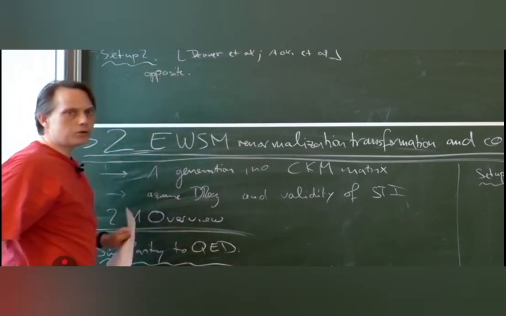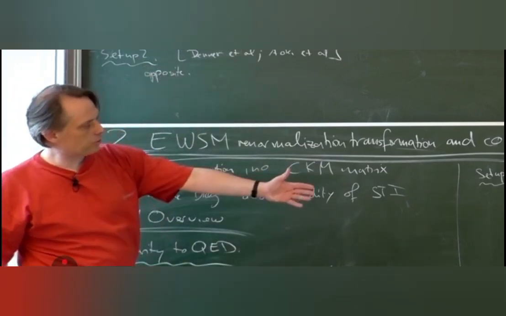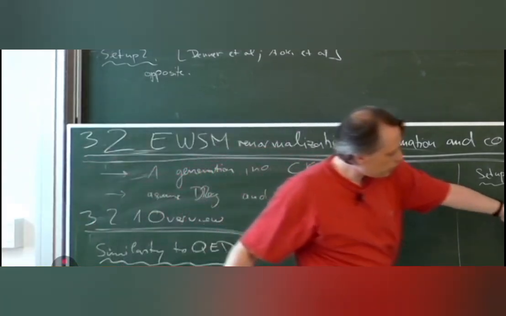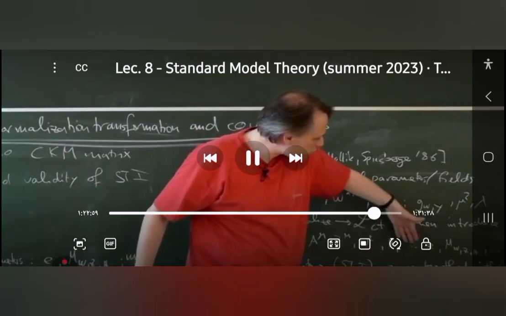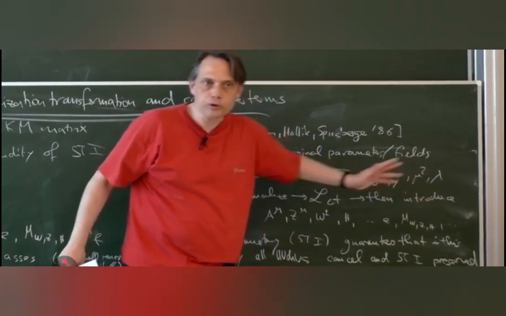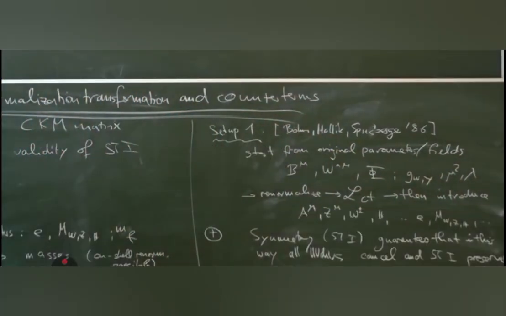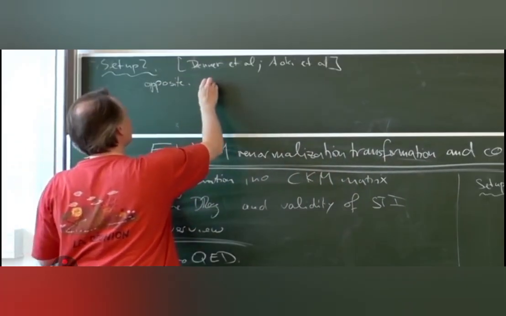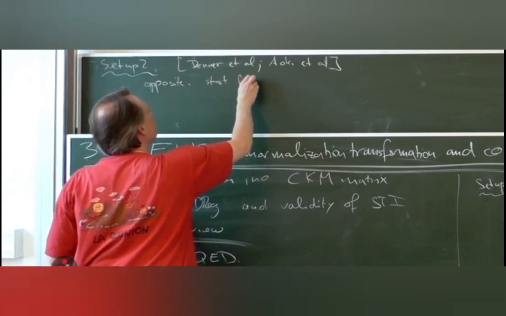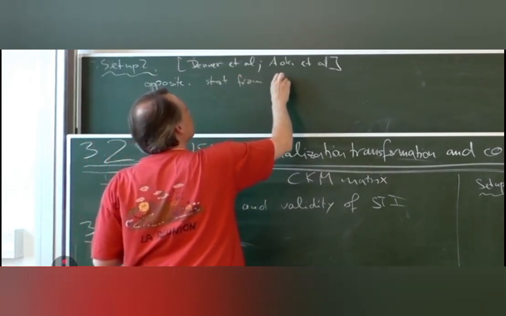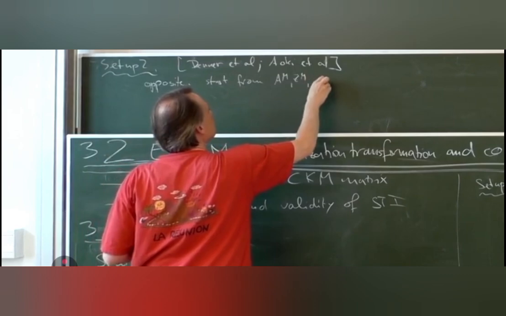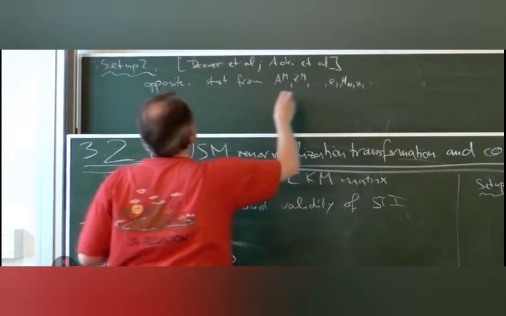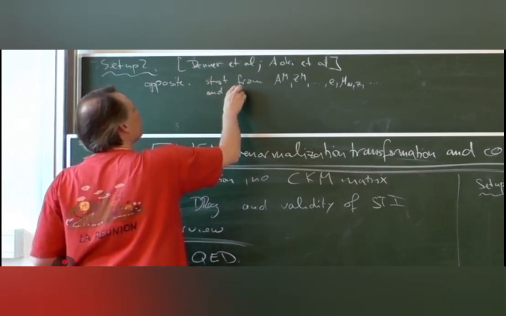We immediately start from the Lagrangian that we have derived or sketched in the morning, which is parametrized in terms of the physical fields, photon, Z, W, electron charge, MW, MZ, Higgs, and so on. We take that Lagrangian and apply onto it a renormalization transformation. So start from there and renormalize.